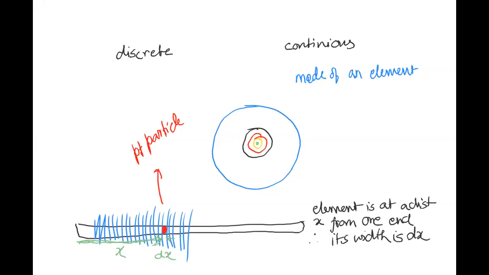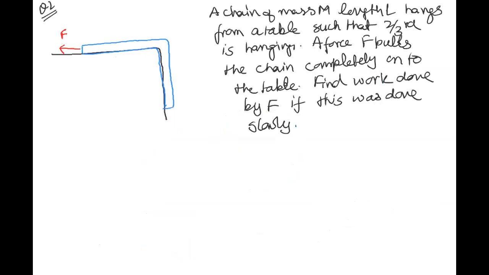So using this knowledge, let's try to solve this guy. Acha, slowly is very important. Whenever I use the word slowly in physics, either I'll use slowly or I'll use static.